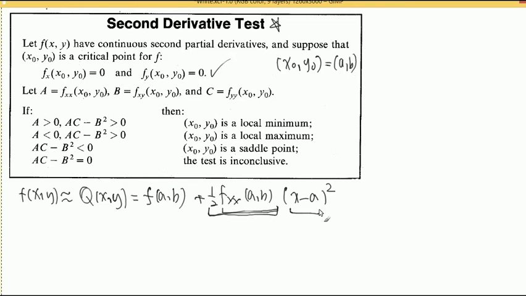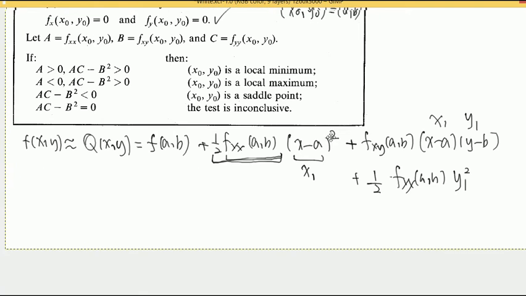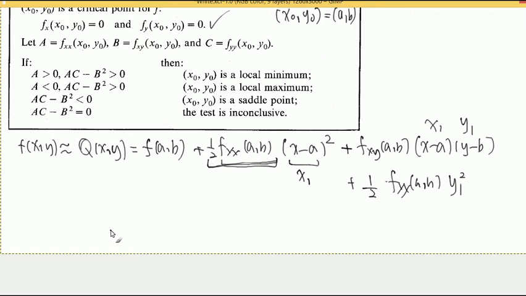You can look at this as one variable, x1, plus f_xy at (a, b), and there's a product of (x minus a) and (y minus b). I'm going to call those x1 and y1 for you to see more easily. And here f_yy, 1/2 is there, at (a, b), and this time it is y1 squared since I called that one y1. Make sense?